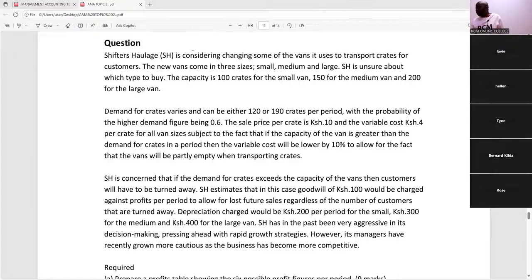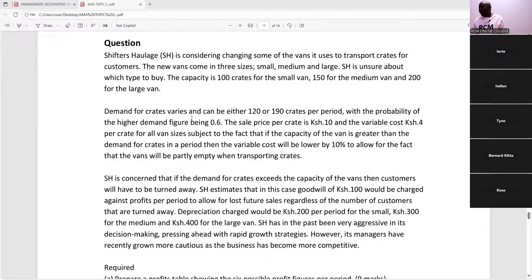Shifters Foliage is considering changing some of the vans it uses to transport crates for customers. The new vans come in 3 sizes: small, medium, and large. Shifters Foliage is unsure about which type to buy. The capacity is 100 crates for the small van, 150 for the medium van, and 200 for the large van.